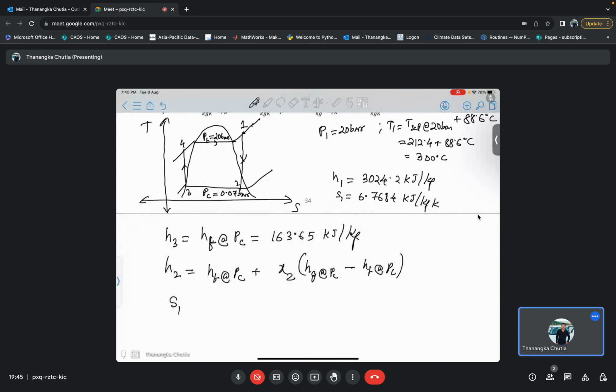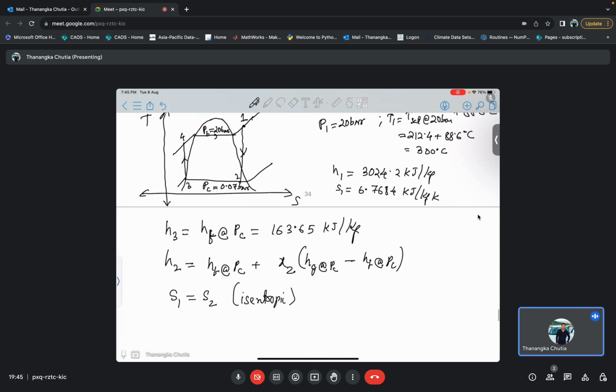We know that S1 is equal to S2, because it is telling us that the process is isentropic. My S1 is 6.7684. Now what is S2? S2 is nothing but Sf at Pc plus X2 times Sg at Pc minus Sf at Pc.